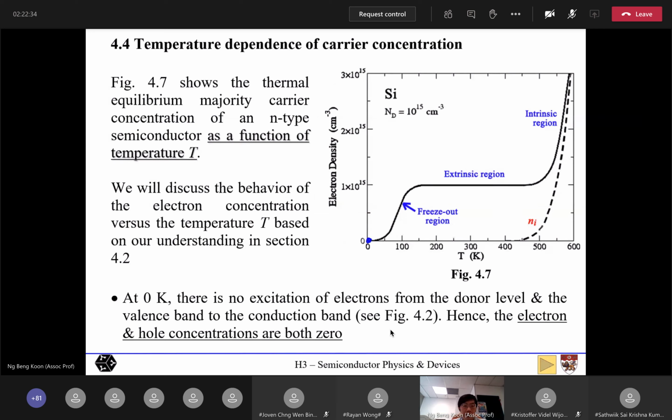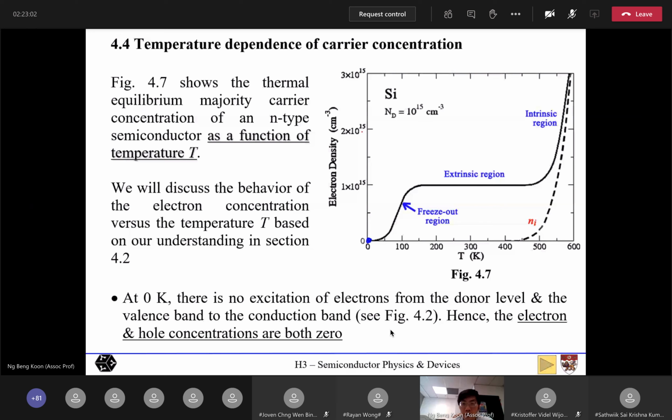The other thing I would like to quickly discuss is how the carrier concentration varies with temperature. Here we consider the case of n-type semiconductor, where we know that the dopants will be giving electrons.